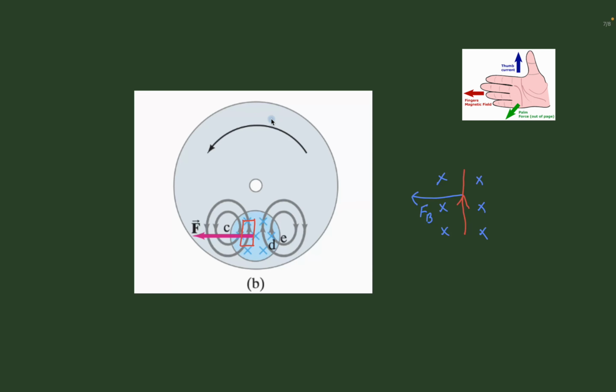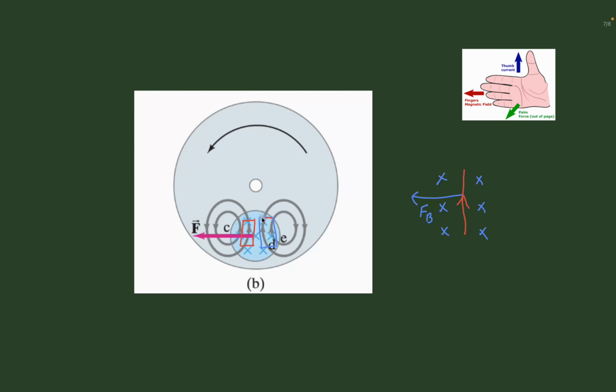So the faster the rotation is, the higher this force is going to be, the higher the eddy currents are going to be. Now even if we look at the other section also, near the D, the currents are going in the upward direction.